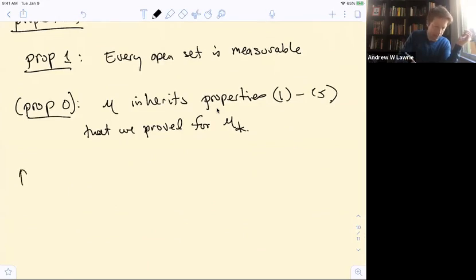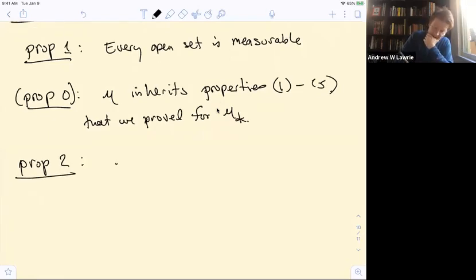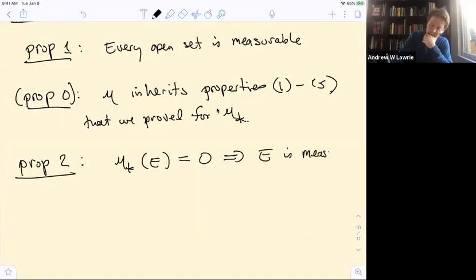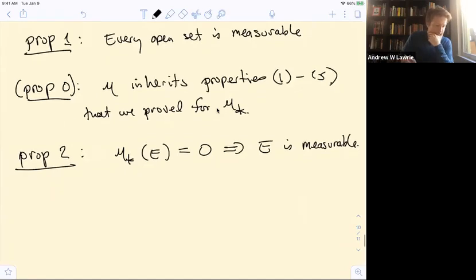Property 2. If the exterior measure of a set E is 0, this implies that E is measurable. So all sets that have exterior measure 0 are measurable, and these sets have measure 0.